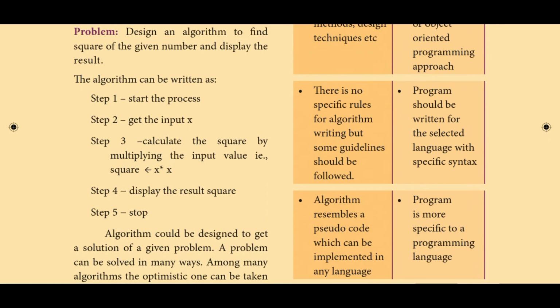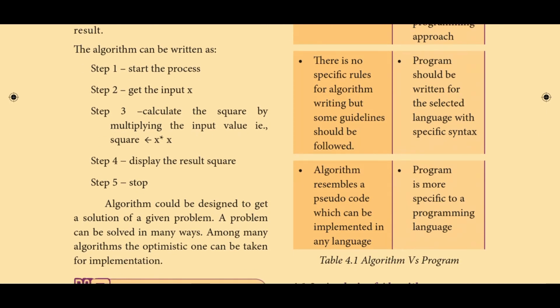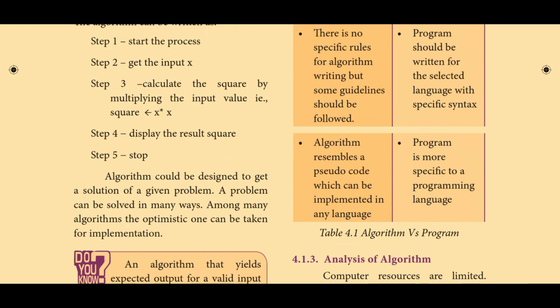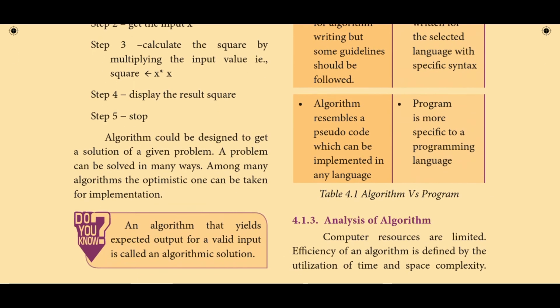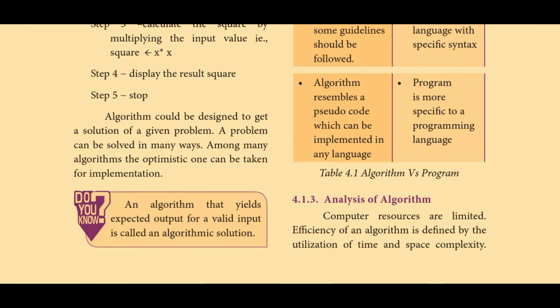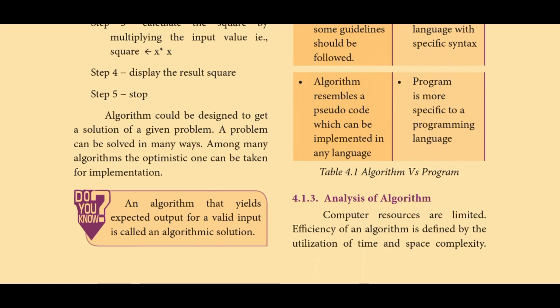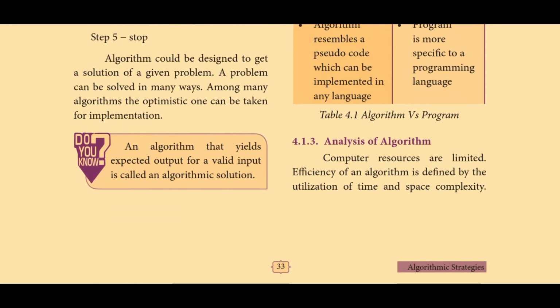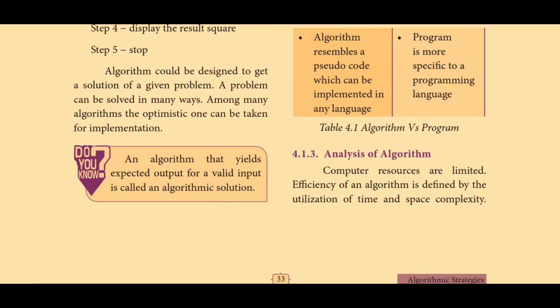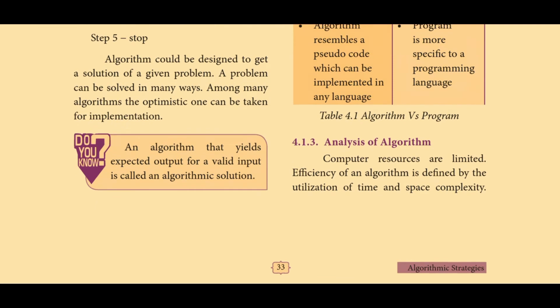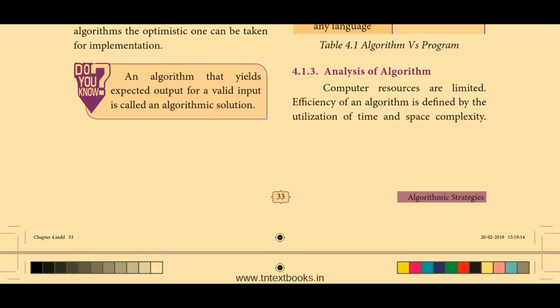For an algorithm there are no specific rules for writing, but a program should be written for the selected language with its specified syntax, whether it is C, C++, COBOL, etc. An algorithm resembles pseudocode which can be implemented in any language, but a program is specific to a particular programming language.